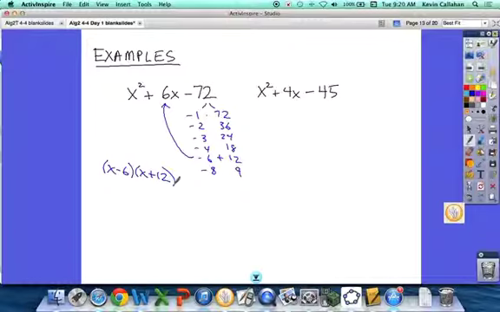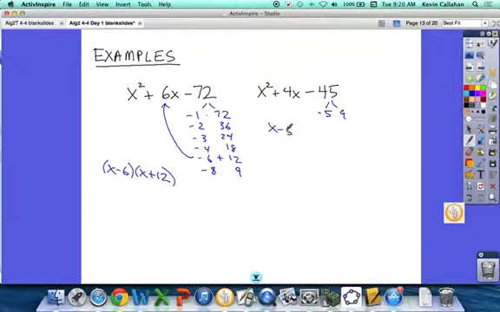About 45. Can anybody think of the factors of 45 real quick? There's not too many of them. Negative 5, positive 9, right? Negative 5 times positive 9. When you add them up, you get 4.